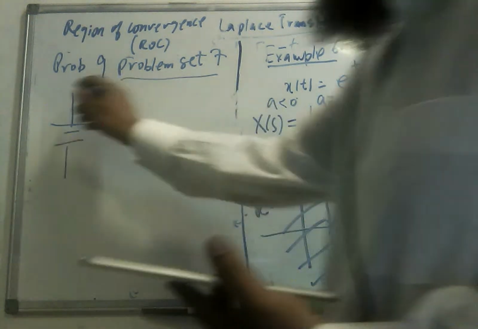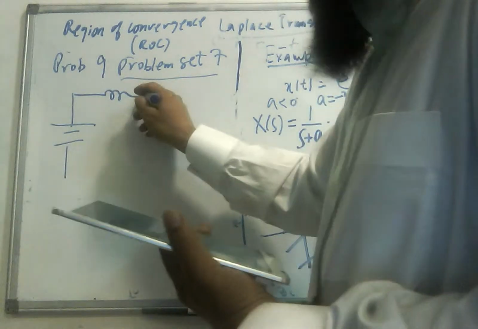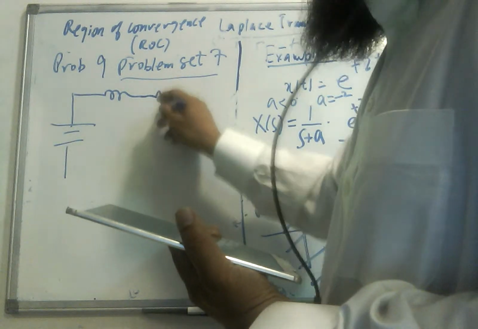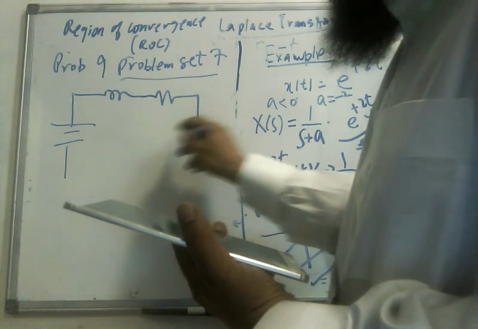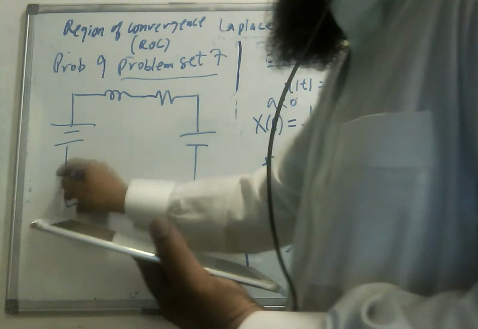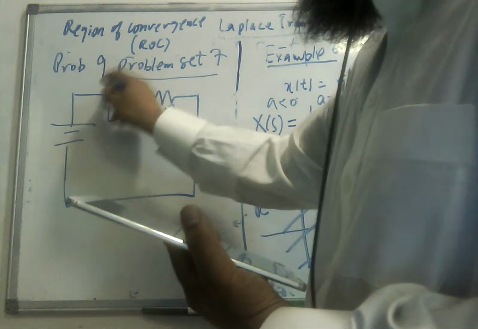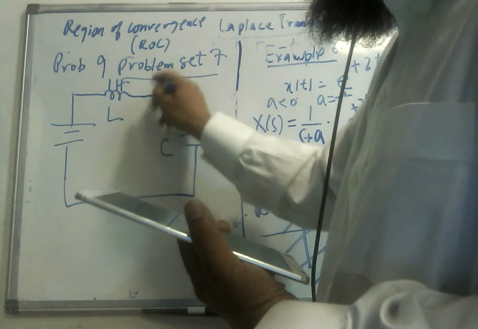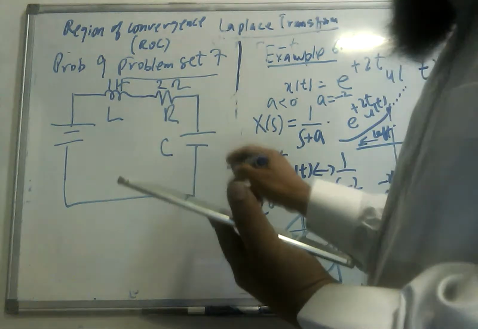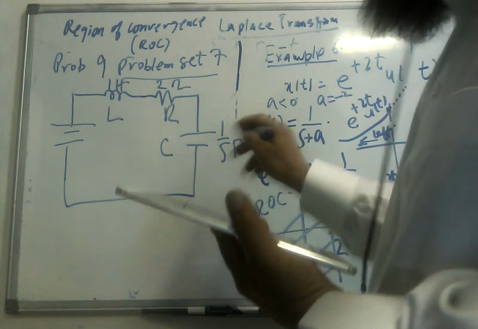So in this question, I have an inductance, a resistance and a capacitance: L, R, and C. This is 1 Henry, this is 2 ohm, and this is 1 over 5 farad.